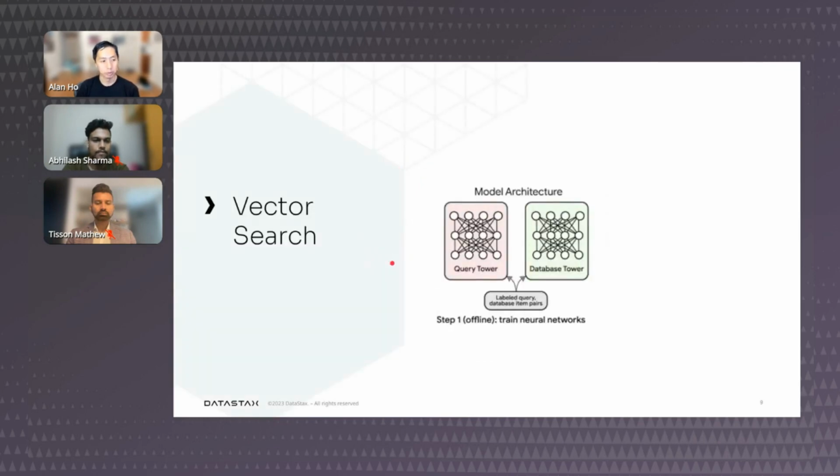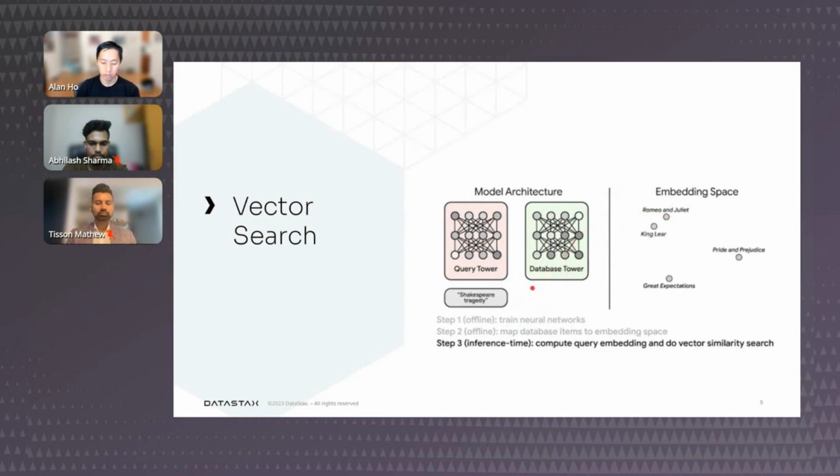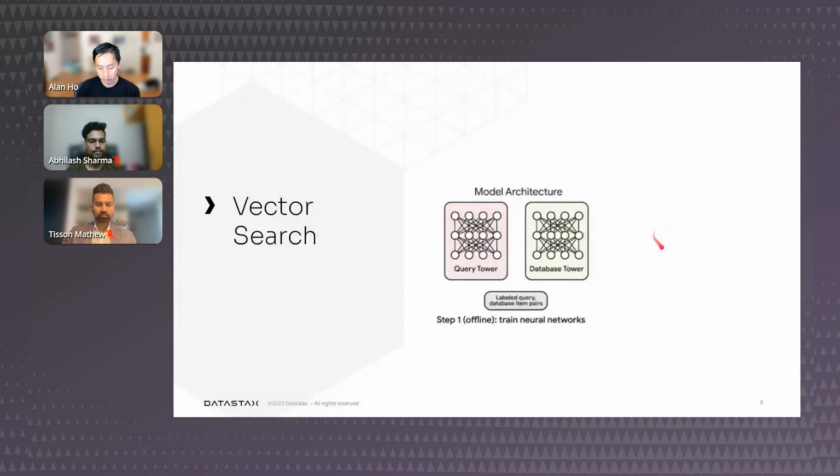To give some context about vector search, this is a mechanism by which you can query unstructured data. The way it works is, first of all, you map the data into an embedding space. What I mean by that is you take each piece of your data and use an embedding model that maps it into this particular embedding space.